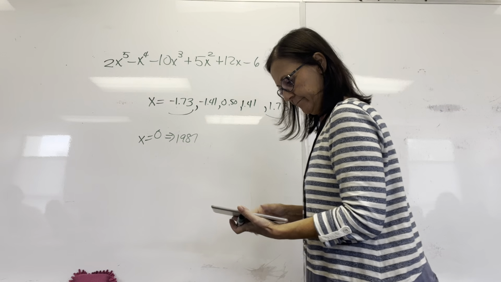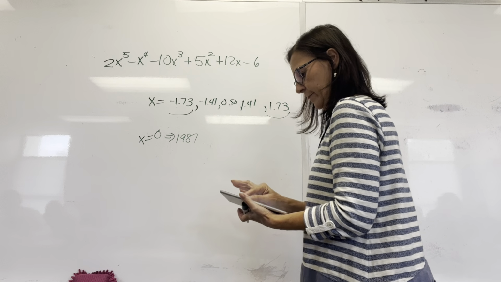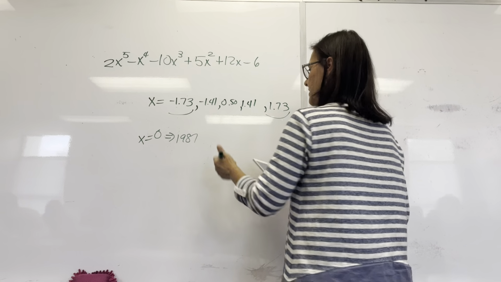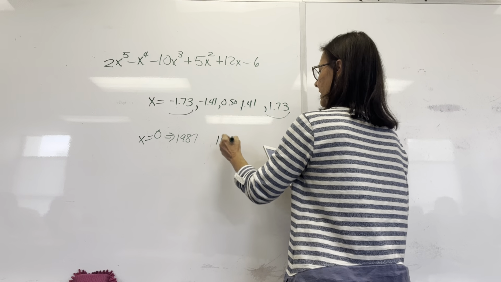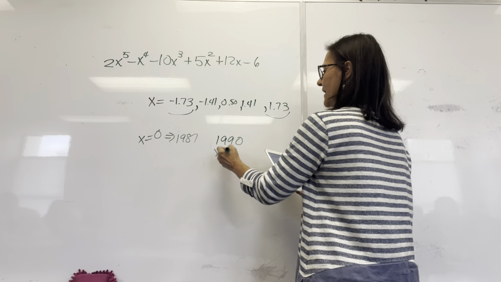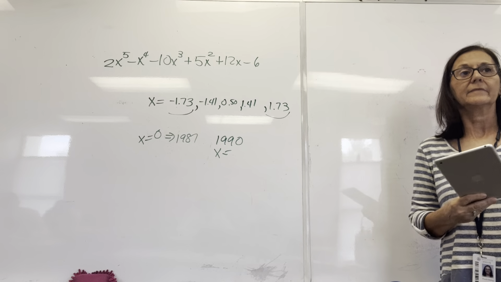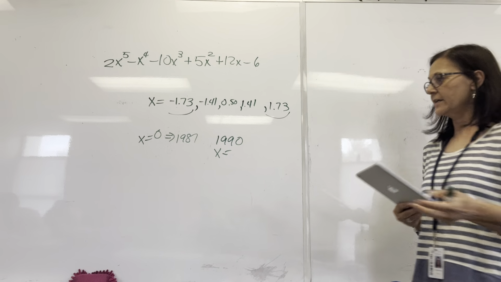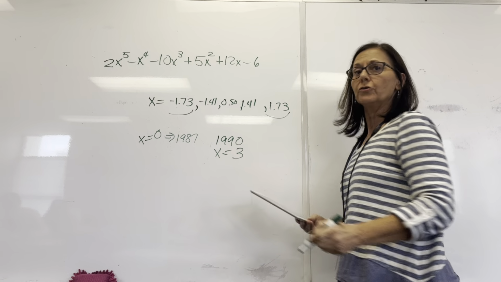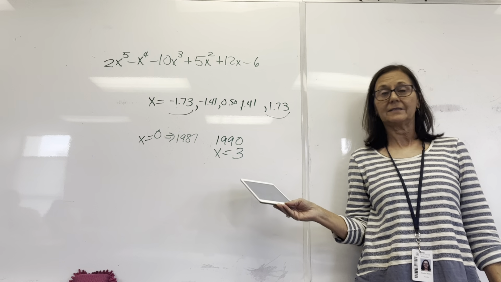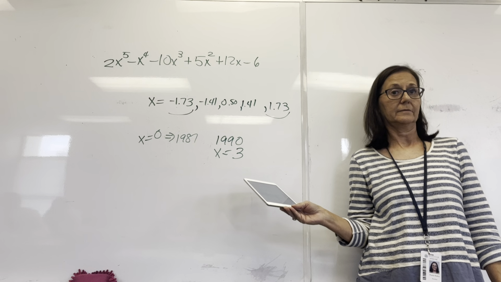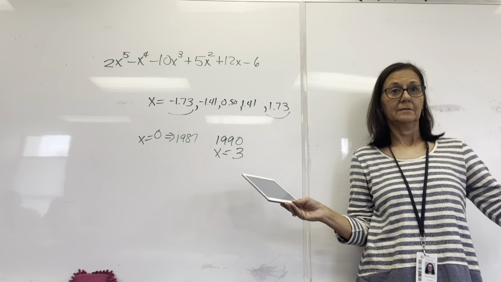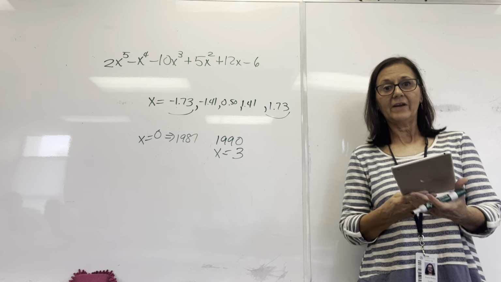Okay, what was the murder rate in 1990? So what is x in 1990? X equals 3. That's all you're doing, plugging in 3 for x into that formula. Don't be freaking out.